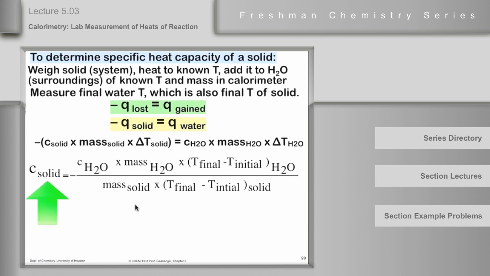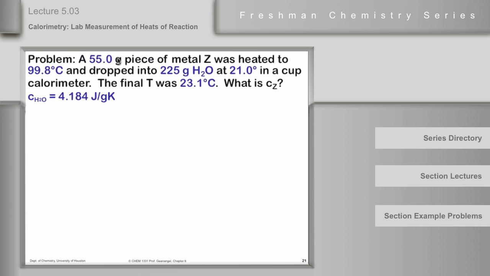The final temperature was 23.1 degrees Celsius, and that applies to both the metal and the water. Okay? Now, I want you to remember that delta T in kelvins has exactly the same value as delta T in degrees Celsius. They're the same size degrees, so you won't forget that, right?